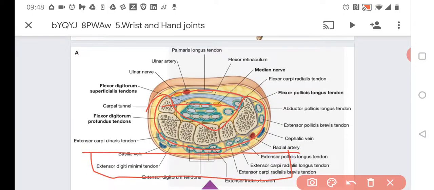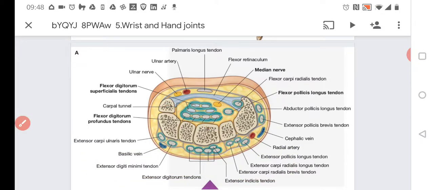What do I mean by that? I mean that, as you can see, the bones are creating an arch. And this arch is the basis of the carpal tunnel. Just in order to create the tunnel from the arch, we need to connect this with the flexor retinaculum.